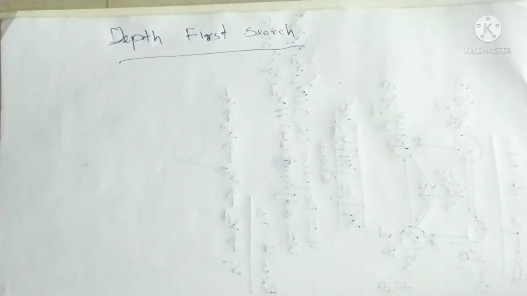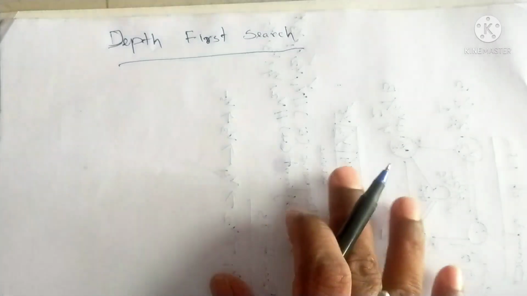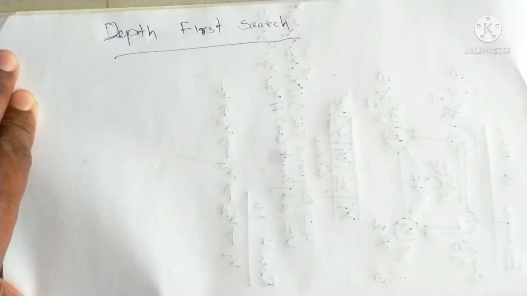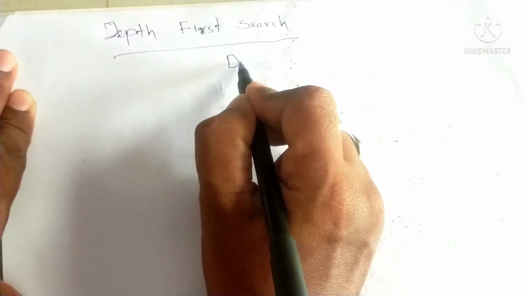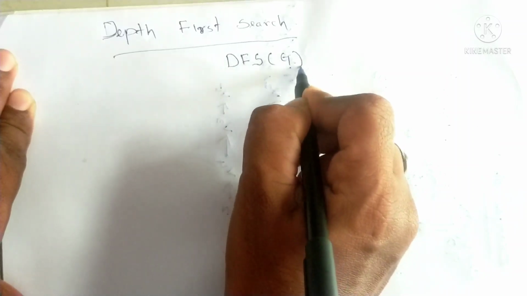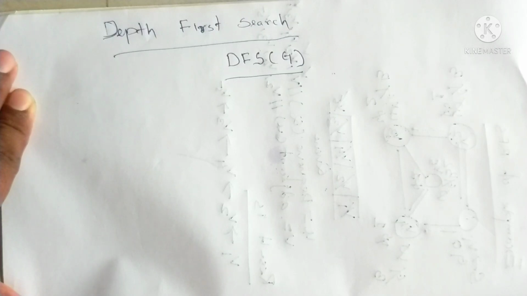So the next concept is called depth first search in your graph. Let me tell you in brief about the algorithm behind depth first search. What the depth first search algorithm does is, we need to pass one graph as the input.